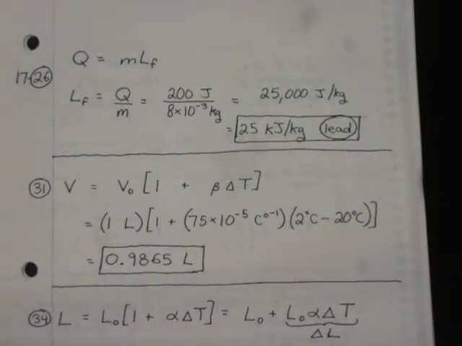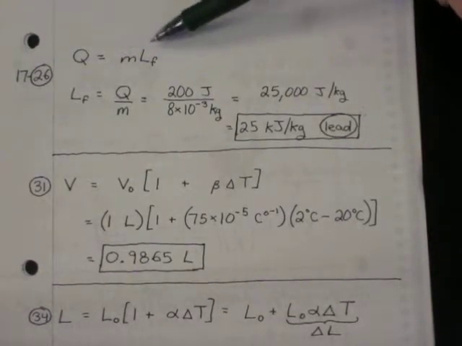Number 26. It takes 200 joules to melt an 8-gram sample of one of the substances in table 17.1. What is that substance? We're looking at melting, so we're looking at a heat of transformation, particularly the heat of fusion. So we'll start with the equation Q equals mL_F.